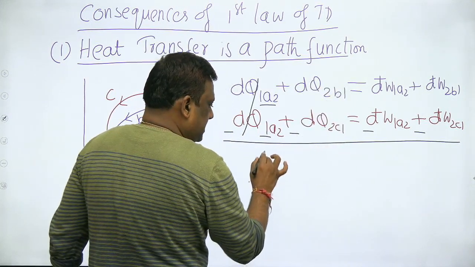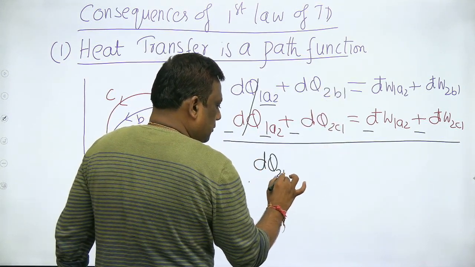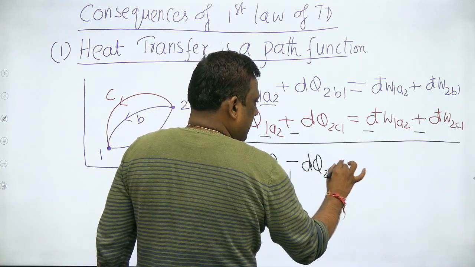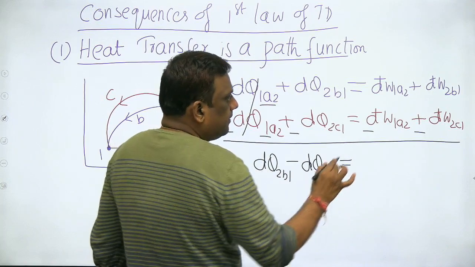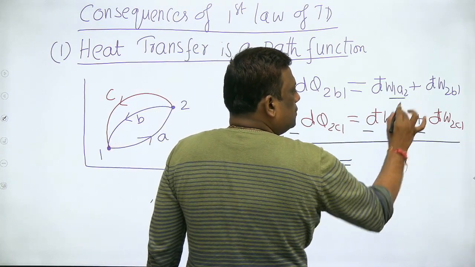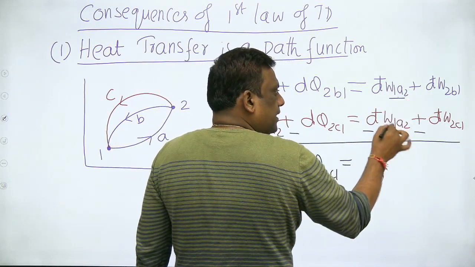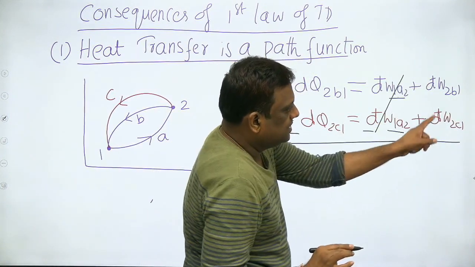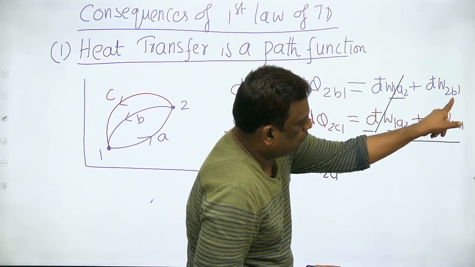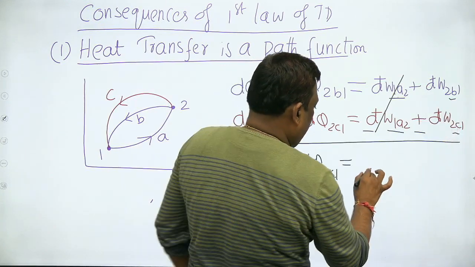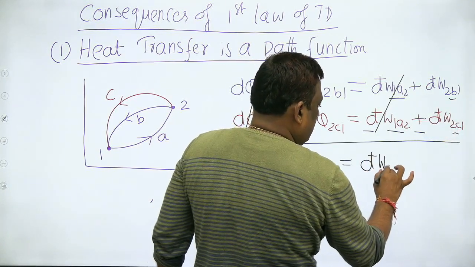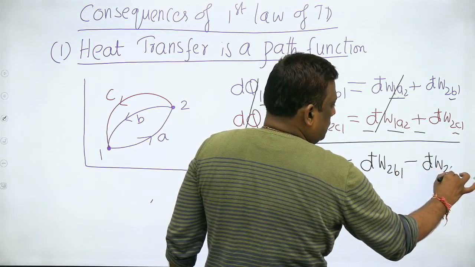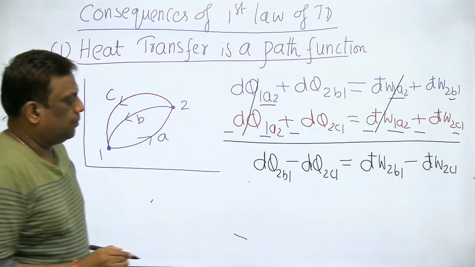So I write this as heat transfer in 2B1 minus heat transfer in 2C1 is equal to work in 1A2 minus work in 1A2, the same cancels. But please don't cancel the rest just by looking, it is for 2B1 and for 2C1. Work transfer in 2B1 minus work transfer in 2C1. Absolutely fine.